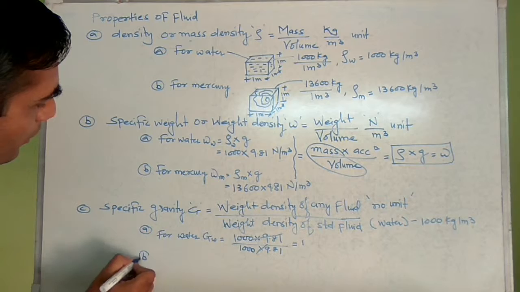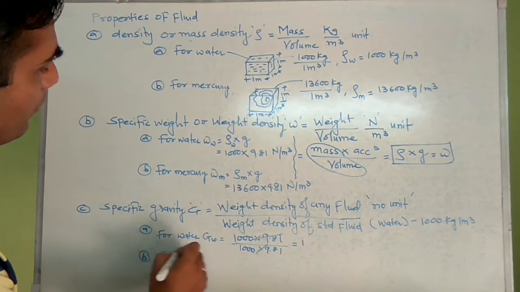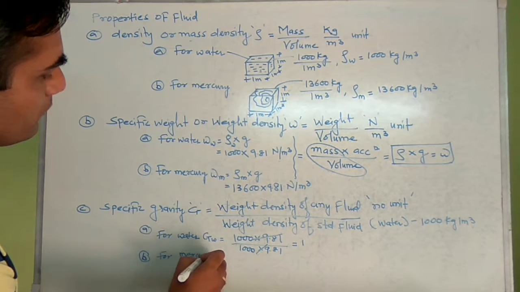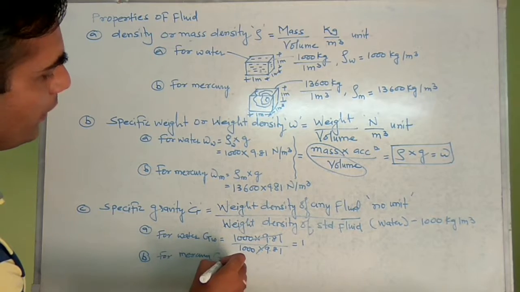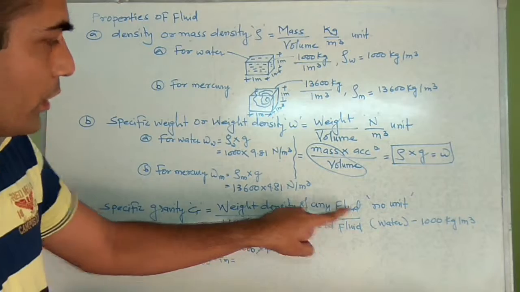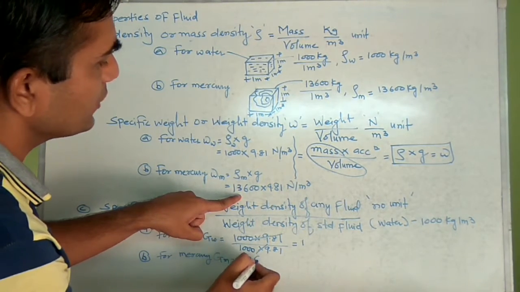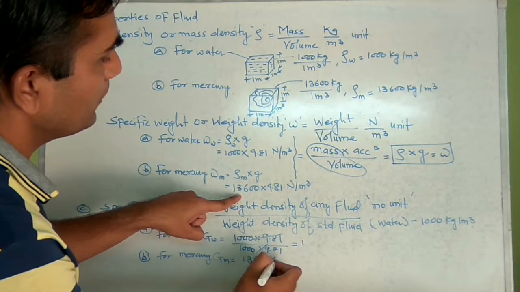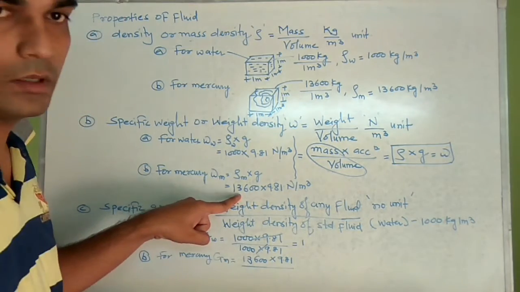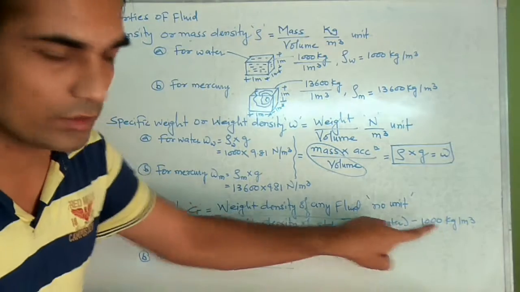In the same way, if we are calculating specific gravity for mercury, G m is equal to weight density of any fluid, now mercury. So mercury is having weight density 13600 multiplied by 9.81 divided by weight density of standard fluid, always standard, that is 1000.